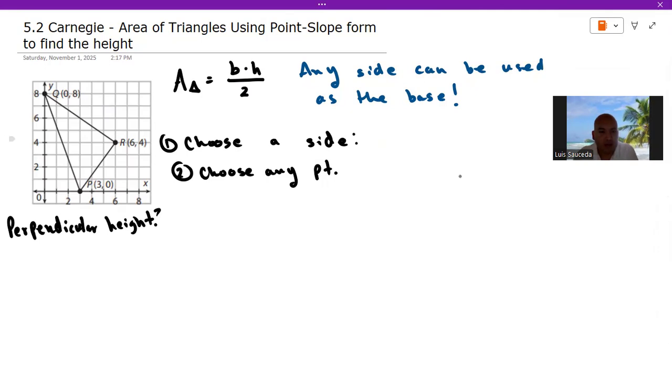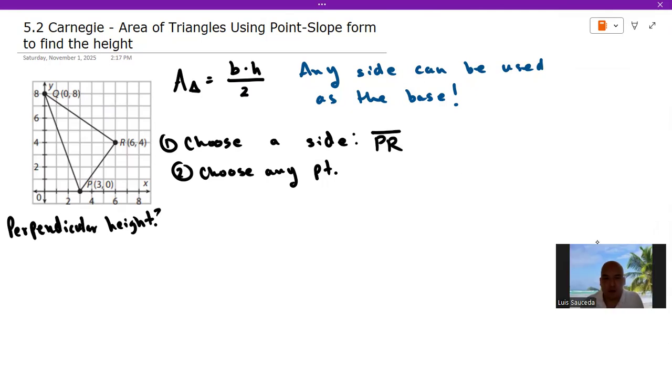In this case, we have the smallest one, but just keep in mind that any side can be used as the base. So just choose a side for step one. In this case, I want to go for PR. Once you choose PR, you have to choose any point from P to R or anything between it.